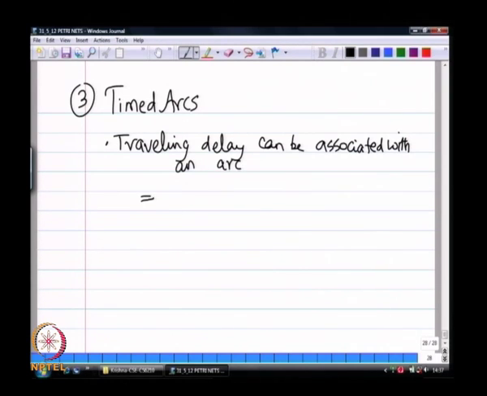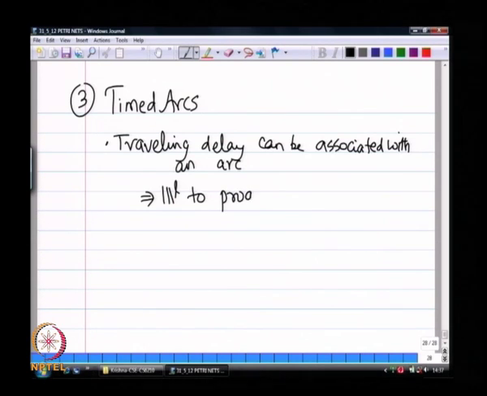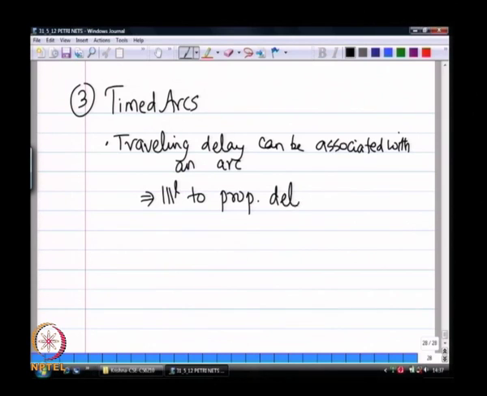This is similar to propagation delay on links.